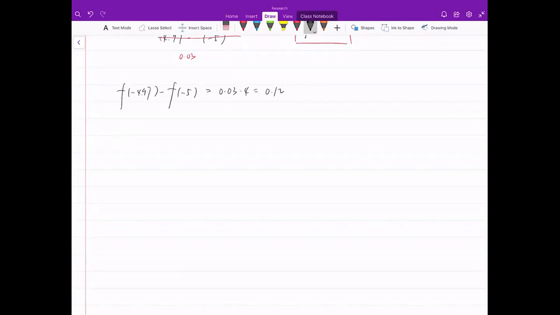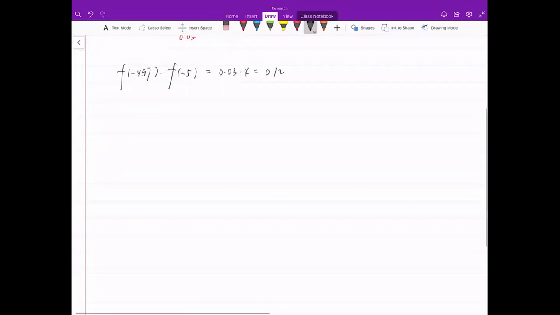Nathan? 4.4, number 13. Okay. This is L'Hopital's rule, so you can plug in everything you find.